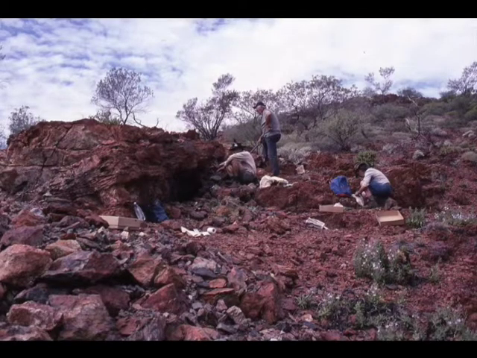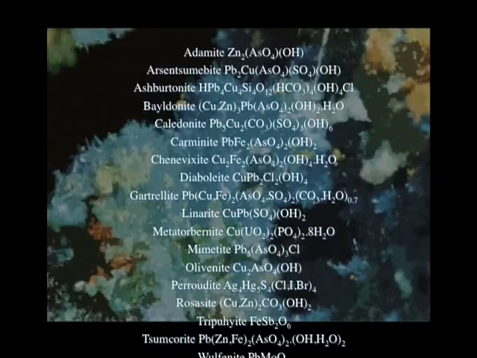And this is a view of the Barley East deposit. So in underneath that ledge is where all the secondary minerals have been uncovered. And this list just shows some of the diversity of secondary minerals from the Ashburton deposits, and the large variety of secondary minerals indicates complex weathering history for these deposits, with many changes in equilibrium conditions.